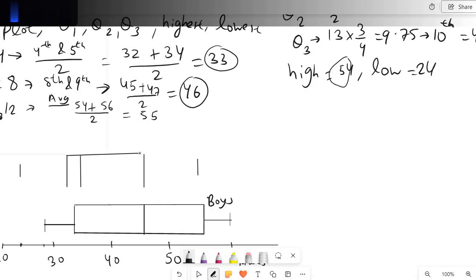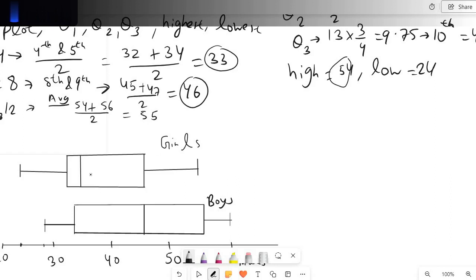So we do that like this, and then like this. And finally join the end whiskers to represent the highest and the lowest values that are not an outlier. This is going to be the box plot for the group of girls.